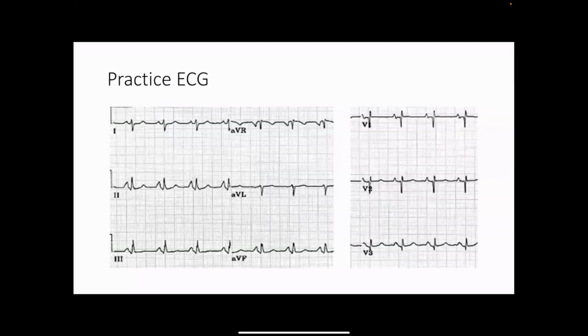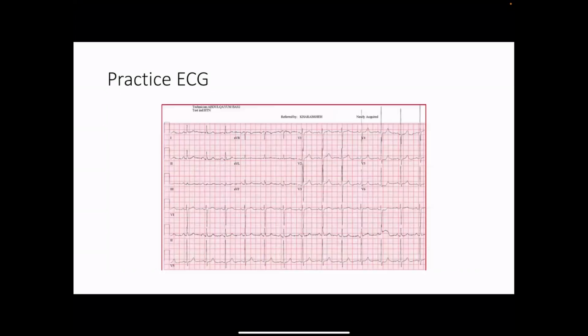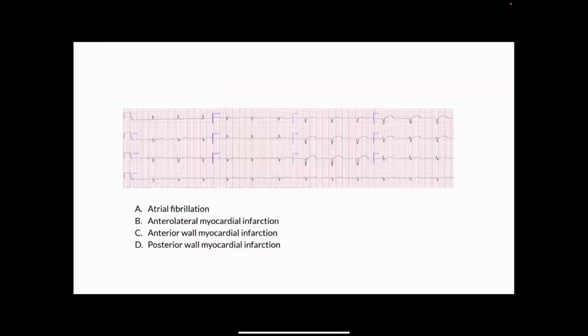What about this one? Right atrial enlargement. Yes, perfect, because the P waves in lead 2 are so prominent. Okay, what about this one? Left ventricular hypertrophy. Perfect.